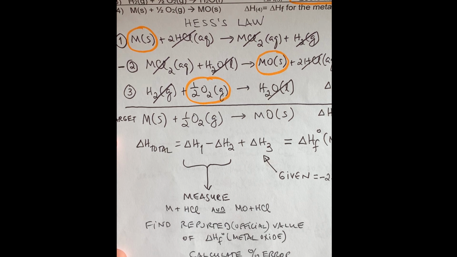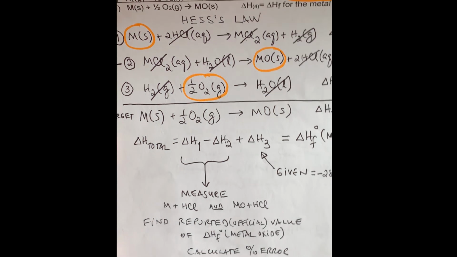Let's go back to our presentation and wrap it up. Okay, I hope that that was helpful. Again, remember, you're going to receive data sets with different metals, not magnesium. So make sure that you take note of which metal and which metal oxide you are studying. All right. Now, remember that when you assemble your lab report, there are several components to it.